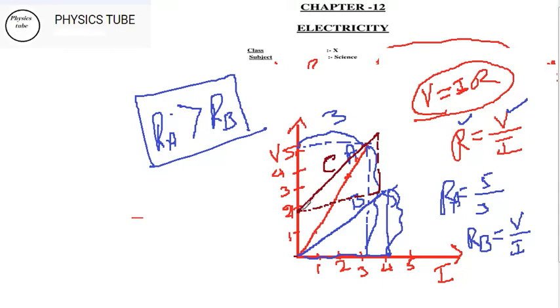We already have some added voltage here, and then they are asking you to find out the resistance of C. Again we can use this concept: we will consider the voltage and the current, and then find out the resistance of C and compare with A and B to find the exact value.